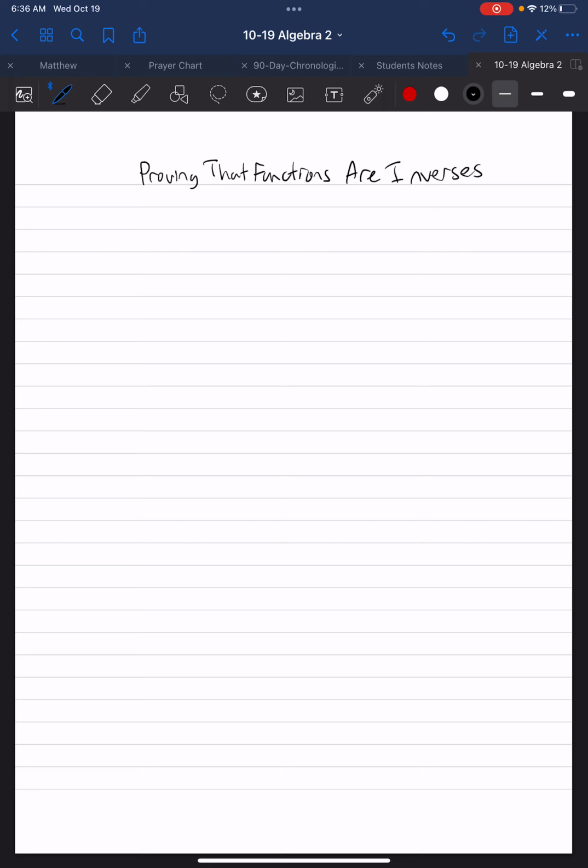So what this means is this rule: the functions are inverses if and only if, which means it has to be this way. If this doesn't work, then they can't possibly be inverses.